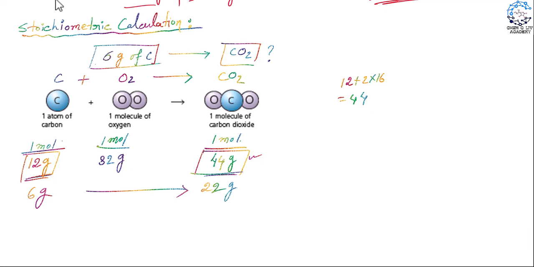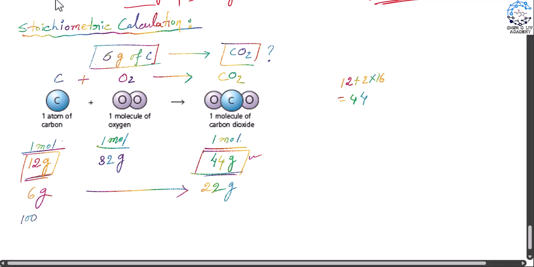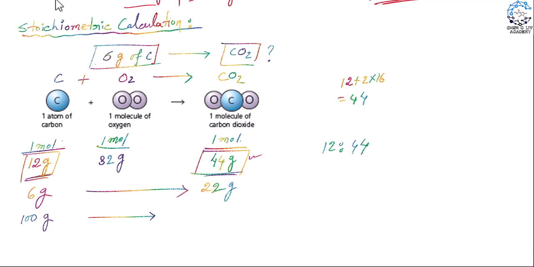Now if I'm saying any gram of carbon, let's say I have 100 gram of carbon, how many gram of carbon dioxide am I going to get? As the ratio 12 to 44 is fixed, it will be 44 into 100 divided by 12, right?